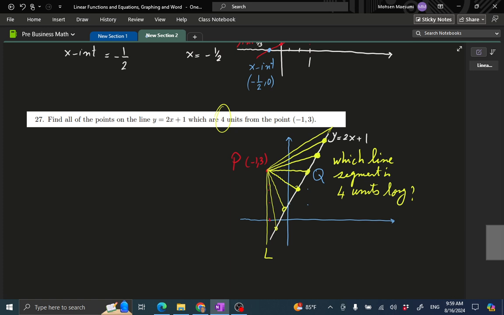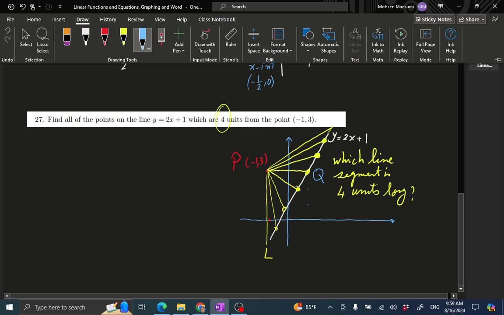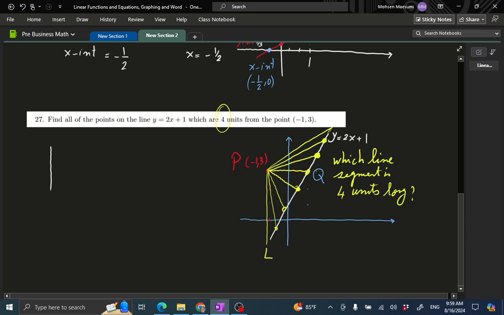Well, what do you remember about measuring distance of points? Let's go ahead and review that from say algebra 1 and such, and then we'll be ready to answer this question. So let me go back a little bit and open this issue up for you.